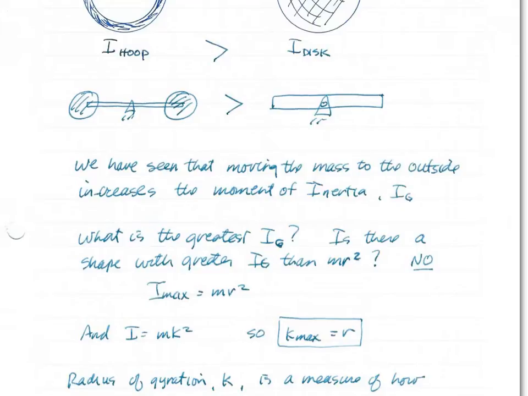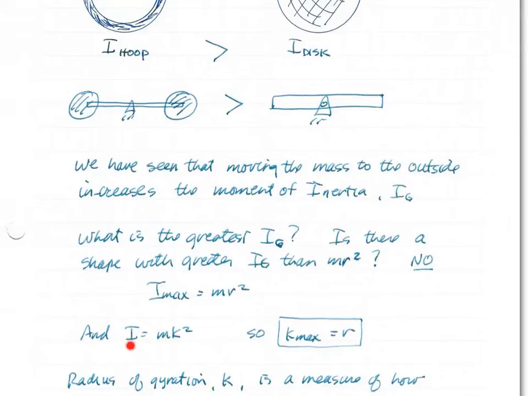Well, the question is, can you push it out farther than the radius? Is there a shape with a mass moment of inertia greater than mr squared? Mr squared is shoving it out to the edge. The answer is no. The mass moment of inertia maximum is going to be mr squared. You can't push the weight out farther than the radius. In other words, that's the farthest out you can go.